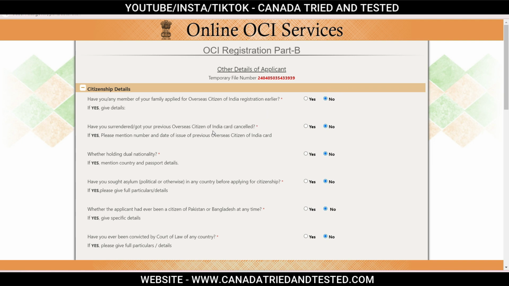Go through each question and choose your response accordingly. In case you're confused, call up your service provider, whichever country you are in. If you are in Canada, you call up BLS and get this clarified. Whenever you call, make sure you note down the name of the person you're speaking to, the date, and the time when you spoke.